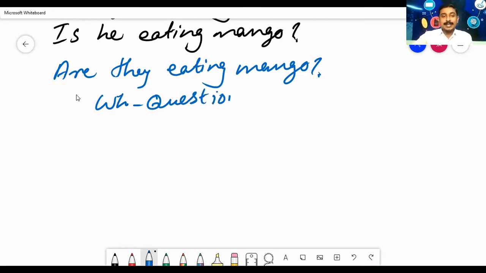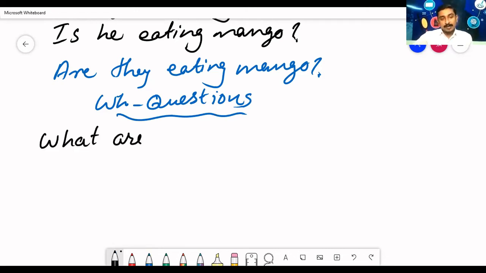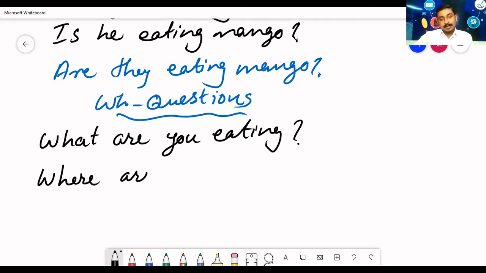As I have explained in the previous session, just add a WH word. What are you eating? Where are you going? In this way, you can create WH sentences also.